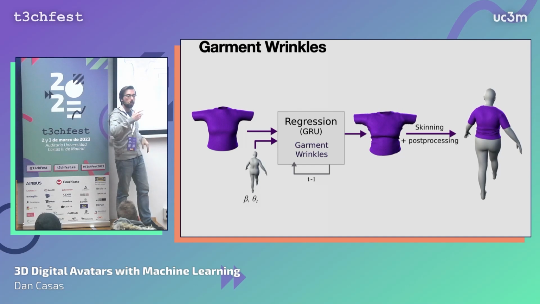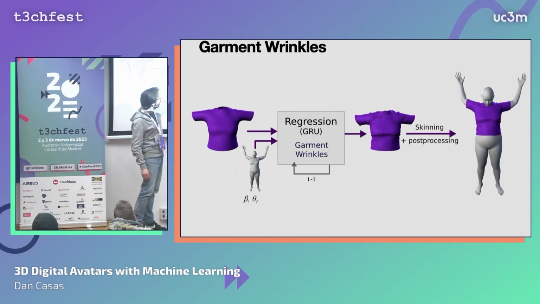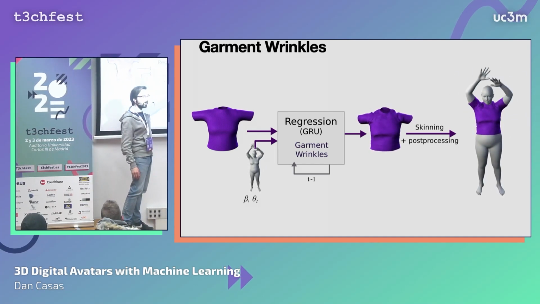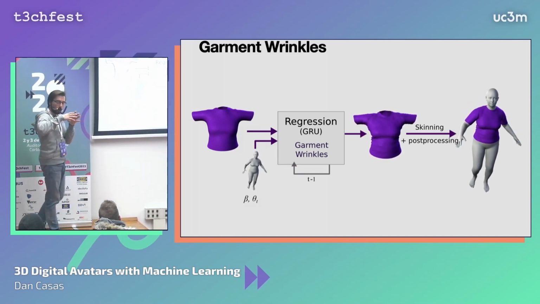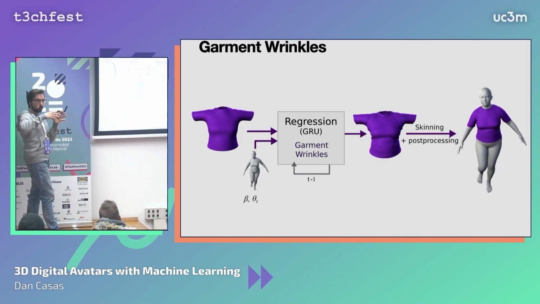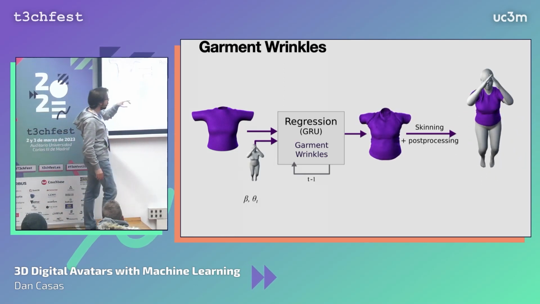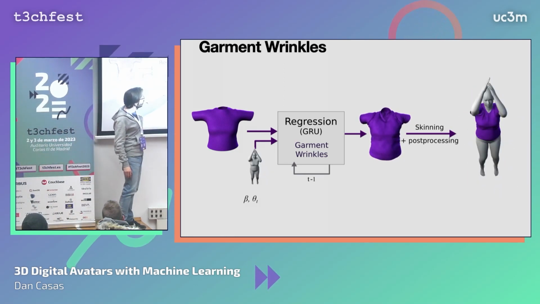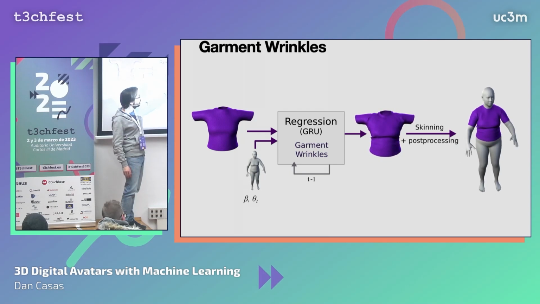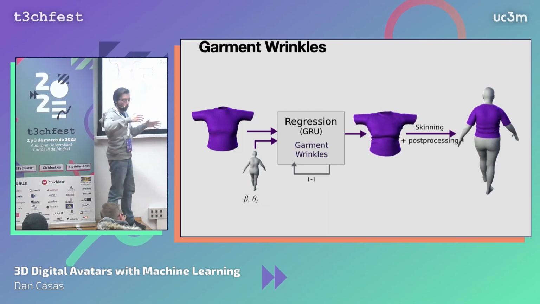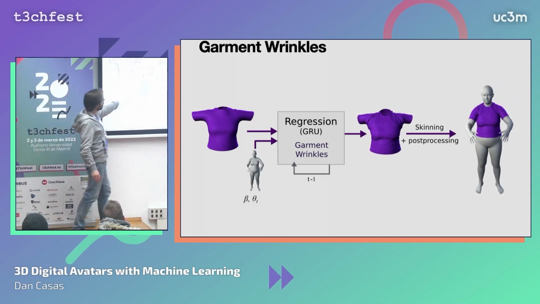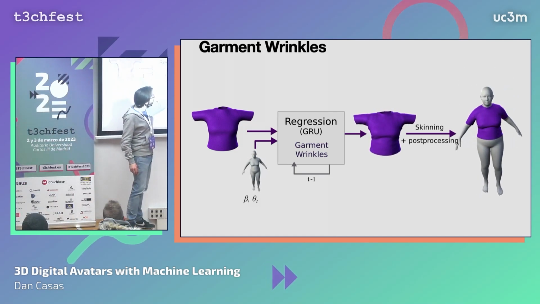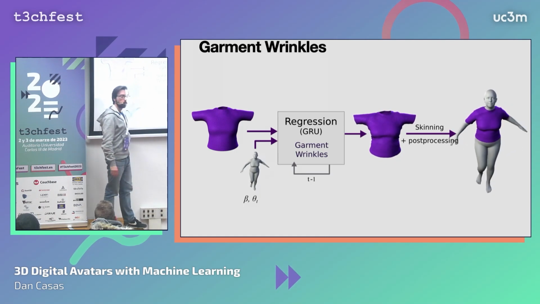And because I'm working in this normalized space, the wrinkles are actually encoded in this funny looking t-shirt that you see here, which is the wrinkles encoded in a T-pose, right? Why we do this? Because actually learning this in this space is a lot simpler than if this pose would have the articulation of the body. Okay, so as output of this network, we have a t-shirt in T-pose that has some wrinkles that match the input pose, right?